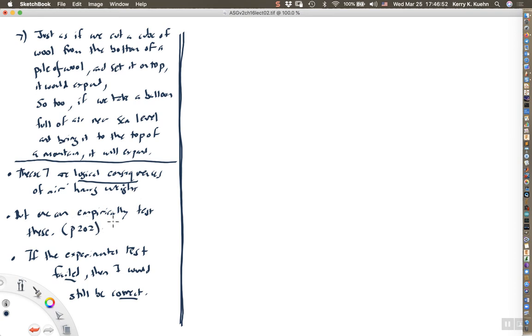Nonetheless, he did do the experiment. He did carry out this experiment. There's a famous paper. I've had students read this paper in the past. It's an experiment that he did on the Puy de Dome. It's a mountain near Paris, I believe. What did he do?